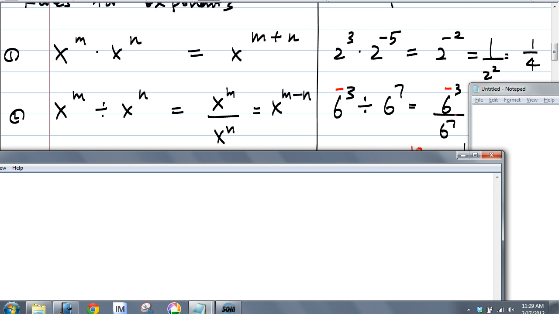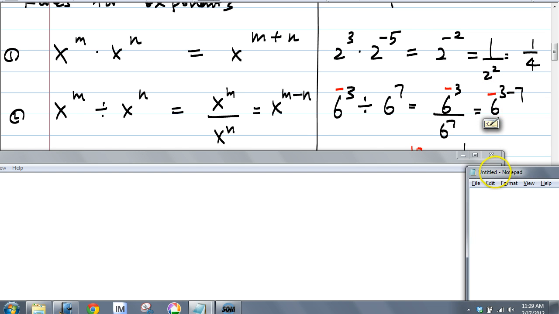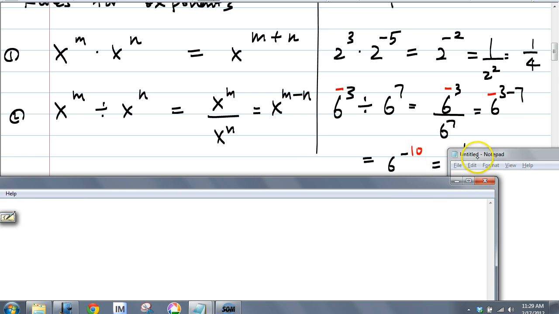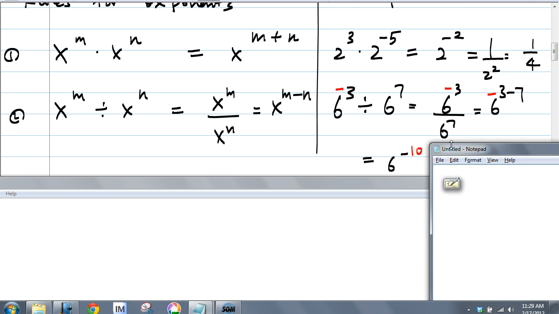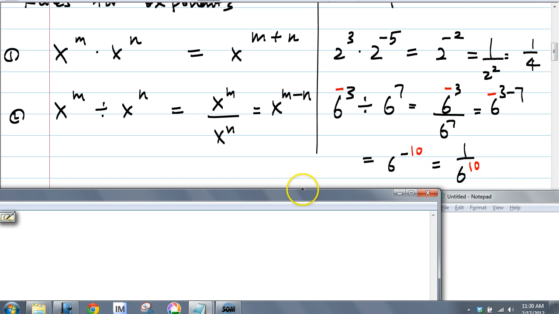Yeah, so you get 6 to the... Why? That's right. -3 minus 7. Isn't that 6 to the -10? Okay, and Elizabeth, can I leave it as 6 to the -10? You got it. Okay? Does that make sense? Go ahead, Elizabeth, I'll give you time to now write it down.